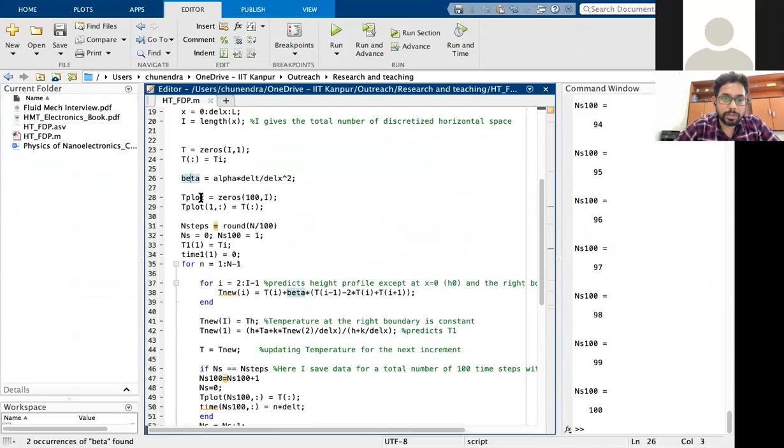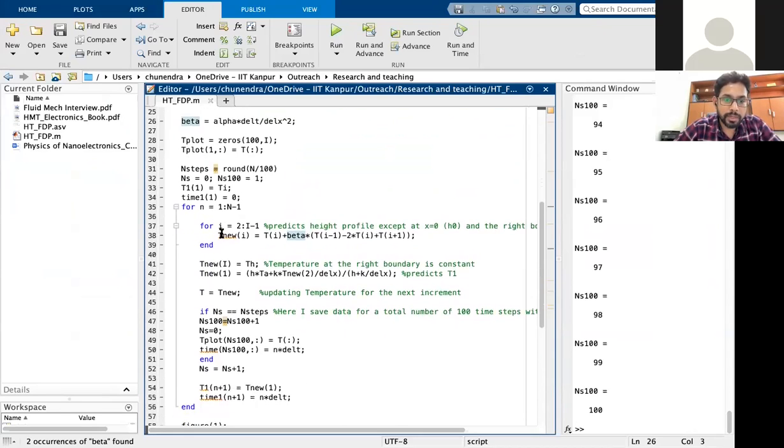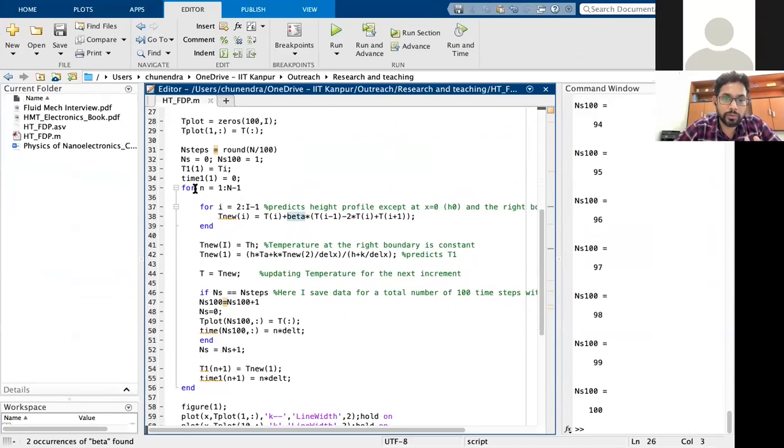And then T plot. That is something that you don't really have to worry about. I just wanted to make it easy for plotting, but the main part comes here. So I defined 2 for loops here, one for time.